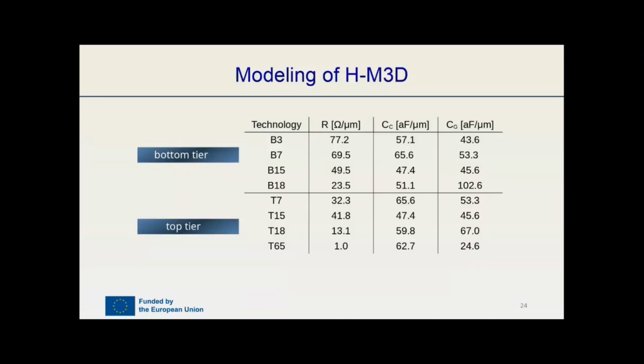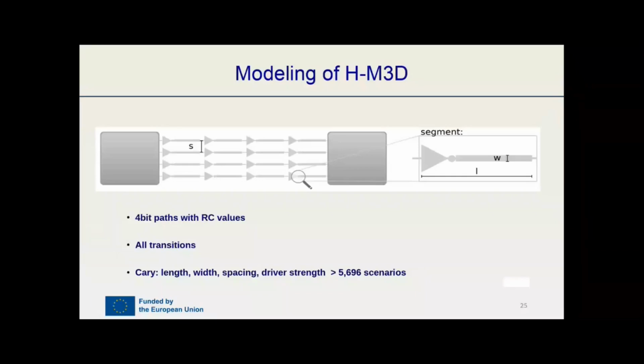The first thing that we did is just to do 3D simulations, so that we can characterize the resistance, inductance, and capacitance of all the interconnects in all these technologies.